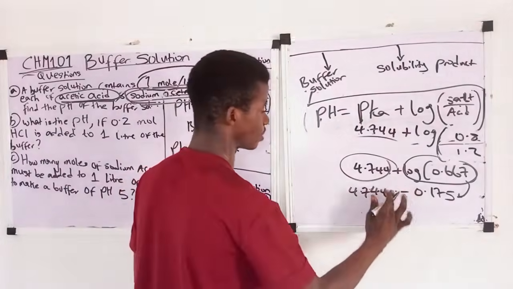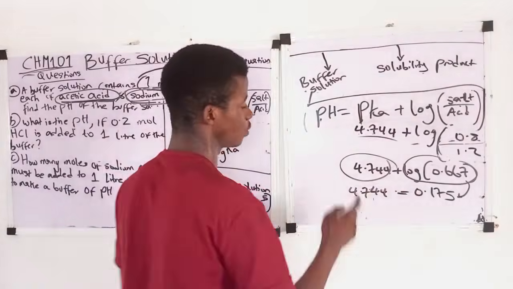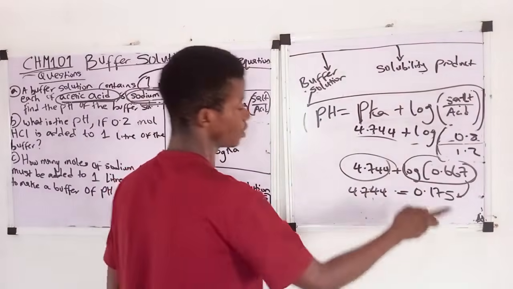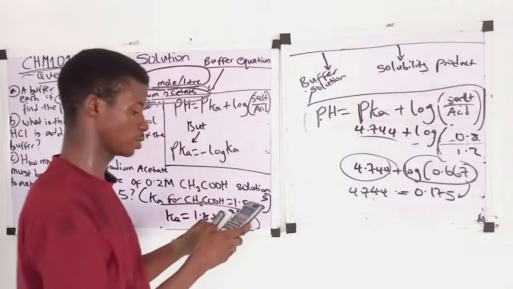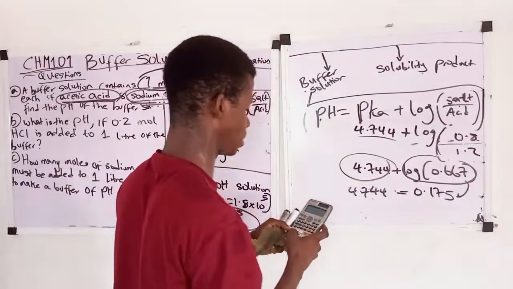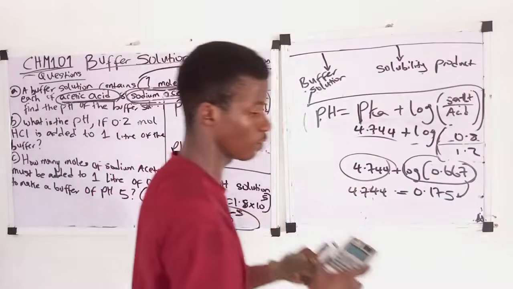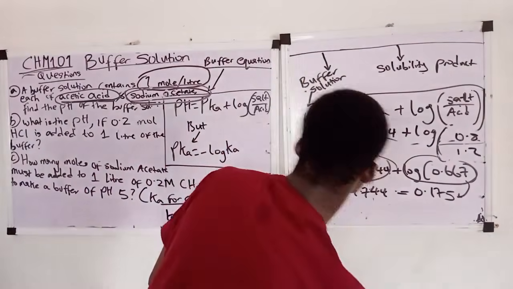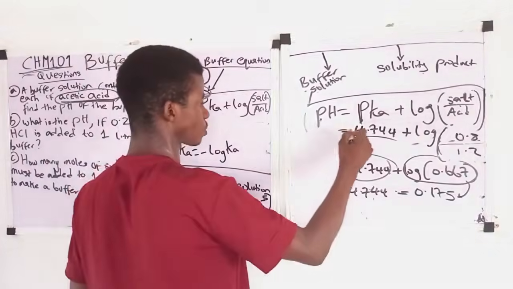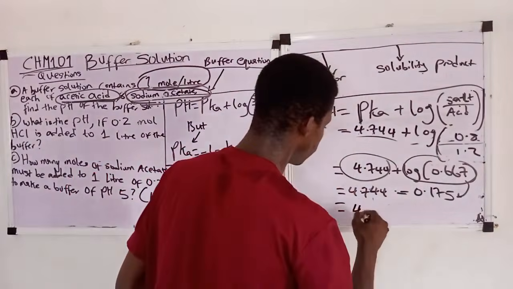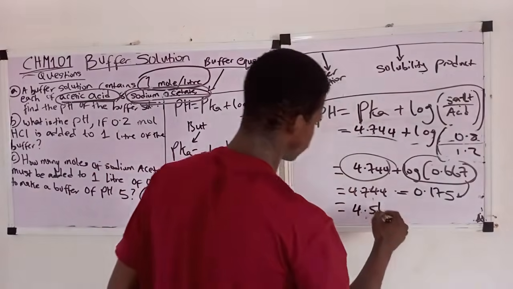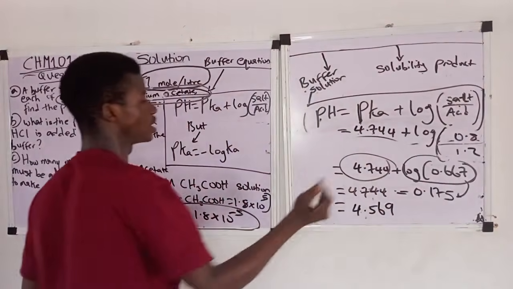Plus and minus will give us minus, right? So we subtract it. 4.744 minus 0.175 will give us 4.569. So the pH of the buffer solution is 4.569, right? Yes, 4.569. So that is the pH.